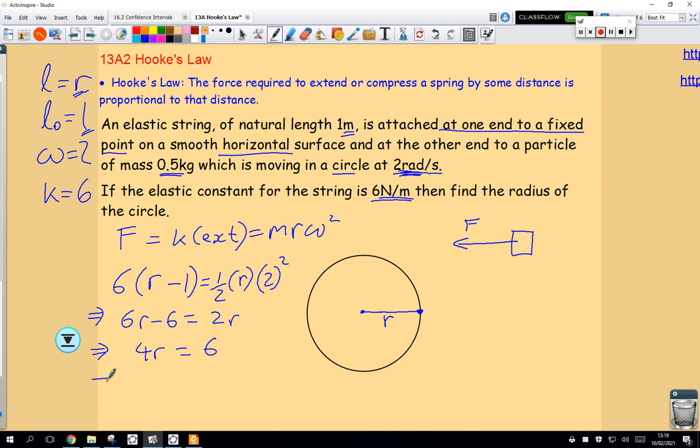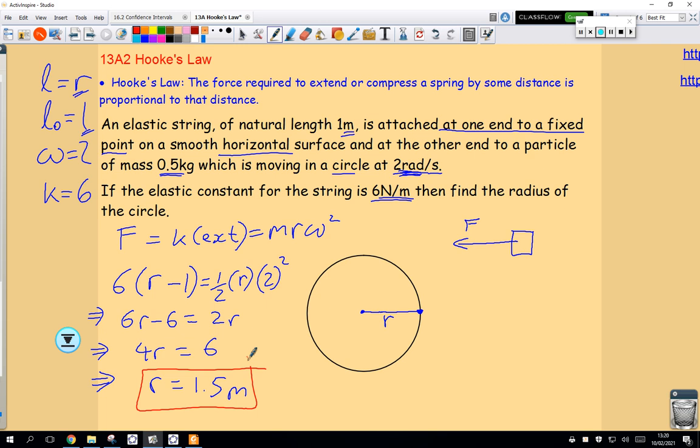And now I'm going to divide both sides by 4 and simplify the fraction. So 6 over 4, 3 over 2, or 1.5. That's going to be the radius of the circle. Radius 1.5 meters. So that is the radius of the circle.